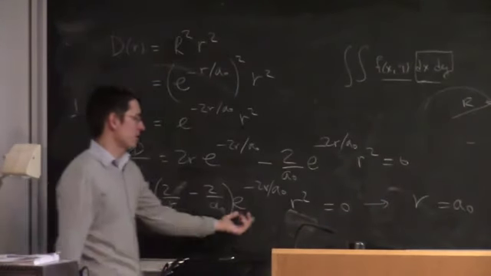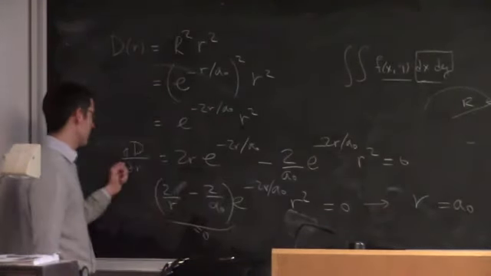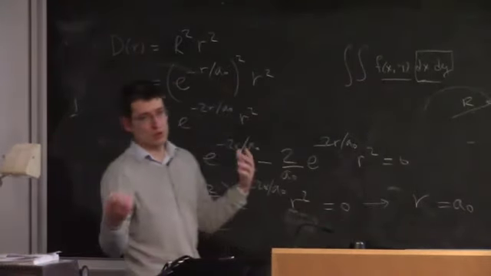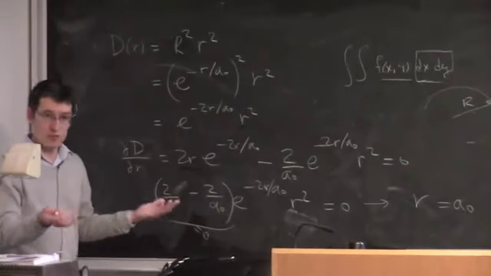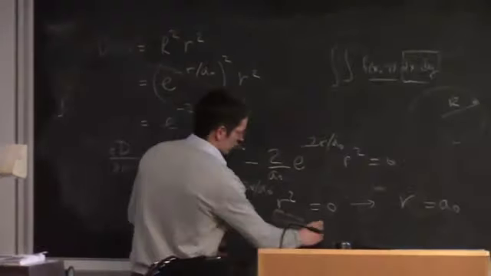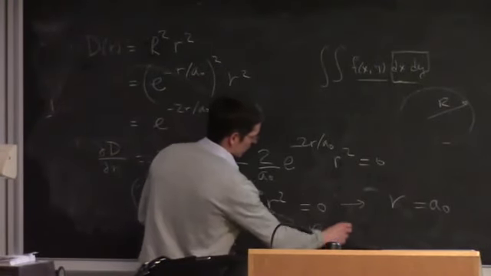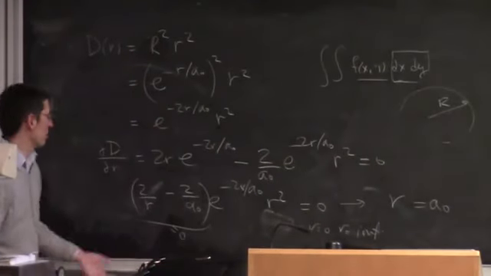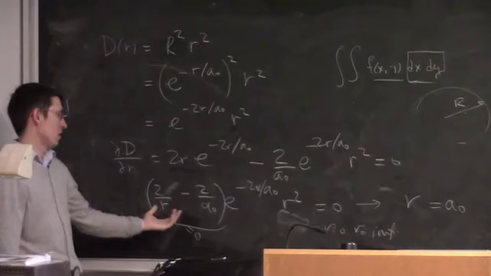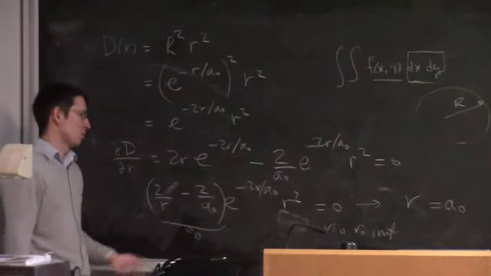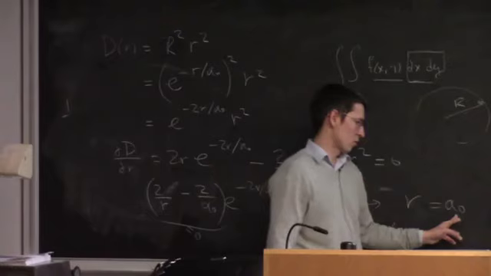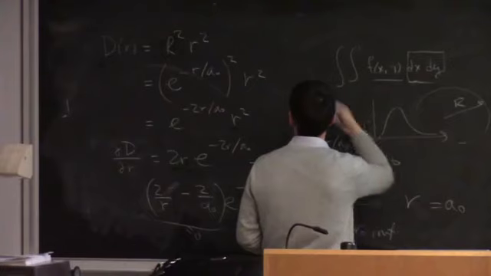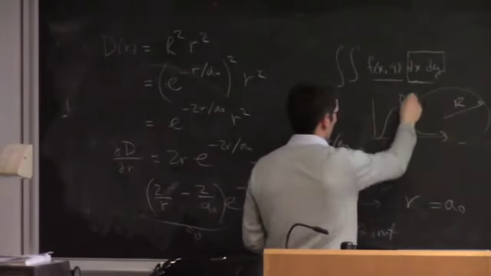The reason we are finding these infinities and zeros is because when we take derivatives and set them to 0, we find an extremum. So it's not necessarily a maximum, it could be a minimum. So r equals 0 and r equals infinity are minima in the distribution, and only if this bracket is 0, which corresponds to r equals a0, do we get the maxima, and that you can see by just looking at what D of r looks like.